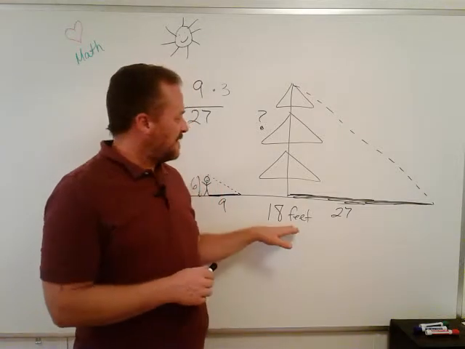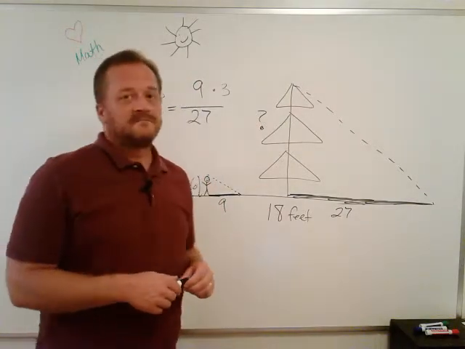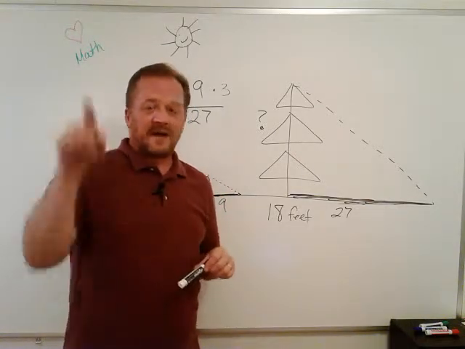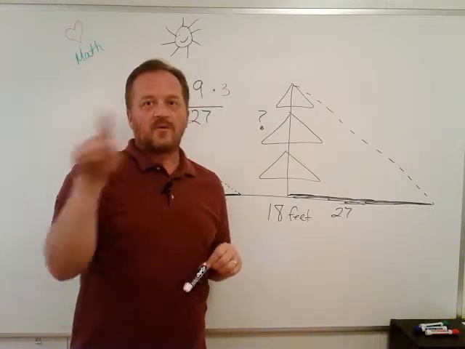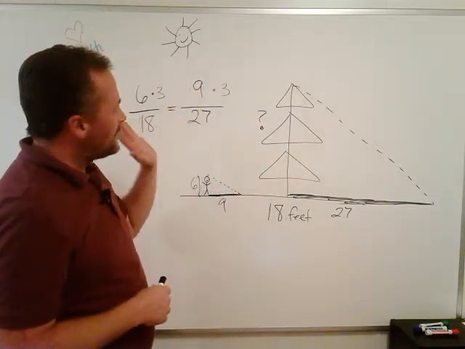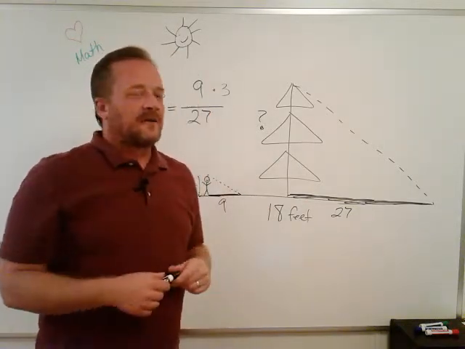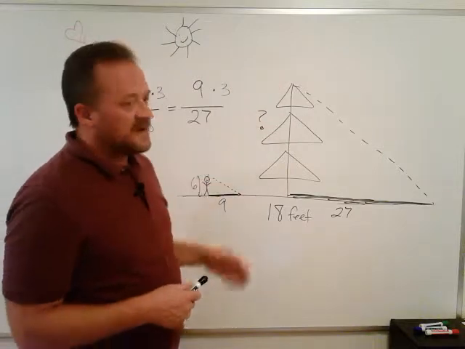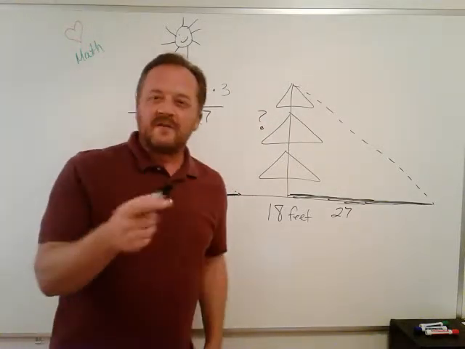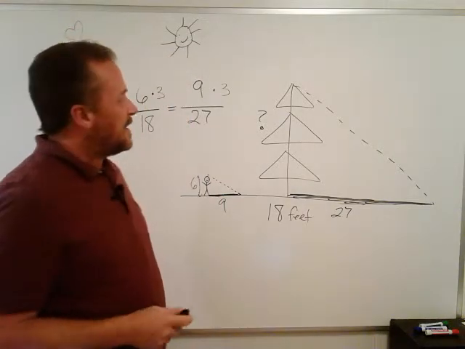There have been many, many measurements made this way in history, including a long time ago, a guy named Eratosthenes actually figured out how big around the world is using something similar to this. So you have a new power. You have a new superpower. You can figure out unknown quantities, unknown heights using proportions, using equivalent ratios. And now I want you to practice, okay?